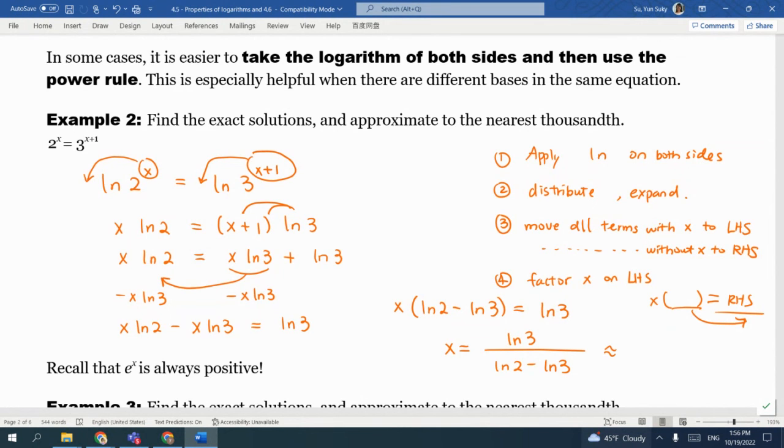Plug this in your calculator. What do you get? Be careful with the parentheses. You have a parenthesis down here if you want to include it in your calculator.